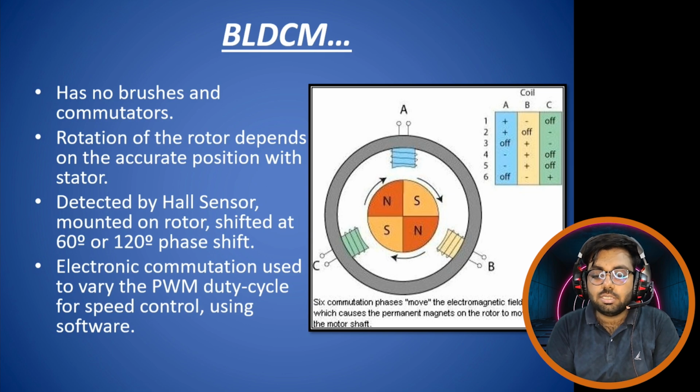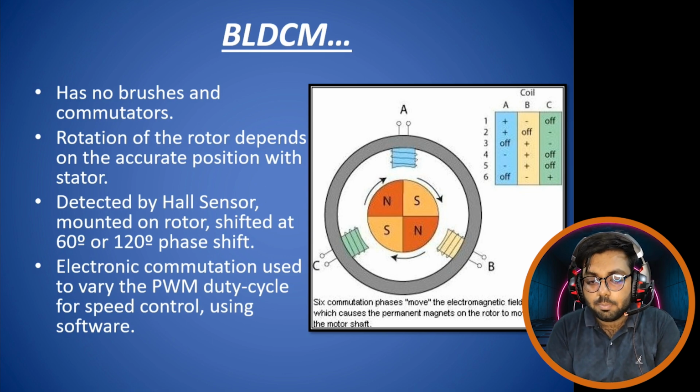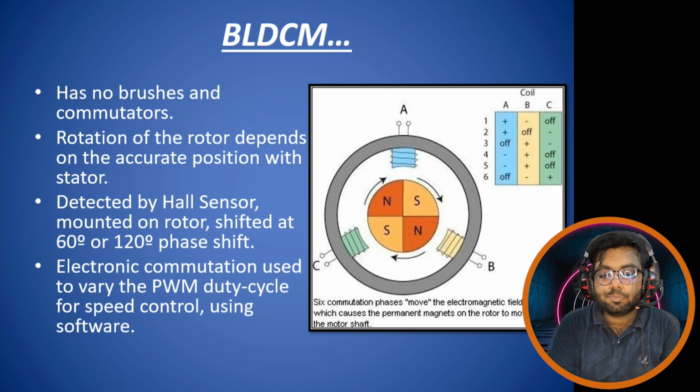Electronic commutation is used to vary the PWM duty. PWM is pulse width modulation, which is a digital technique to control a signal by repeatedly toggling a signal between high and low state in a consistent pattern.